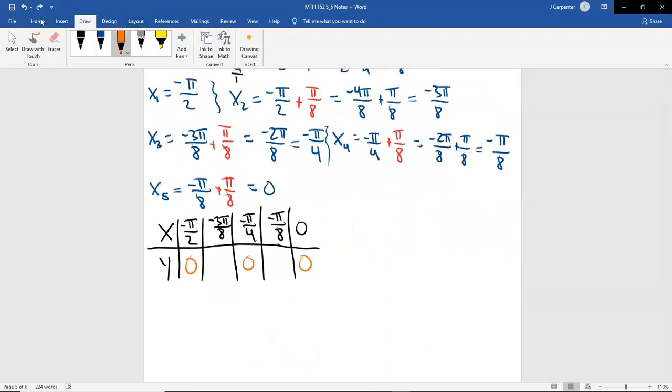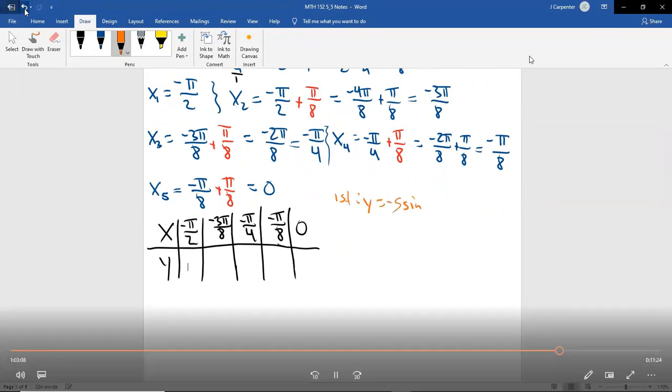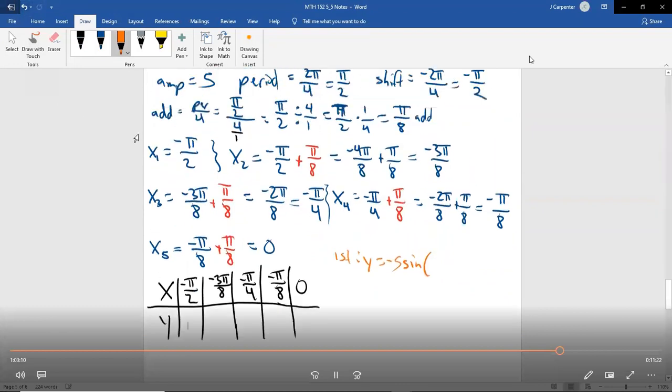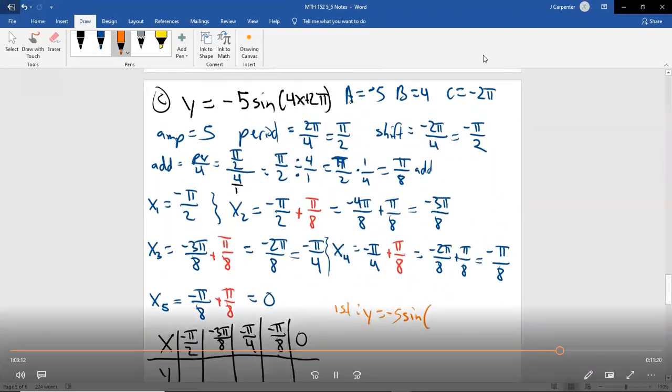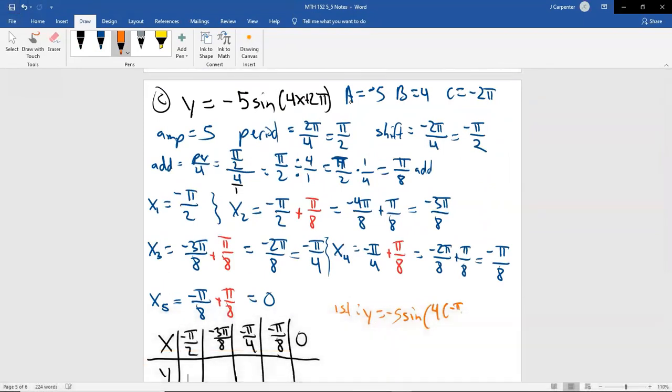Definitely not going to show all this work. Let's do the first one, and that'll probably be it. So for the first, we get y equals negative 5 times the sine of parentheses. Now, it was 4x plus 2 pi. So 4 times negative pi over 2, that's the 4x, then plus 2 pi, and then we close that parentheses.